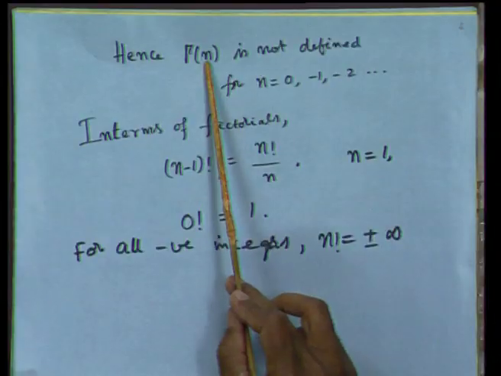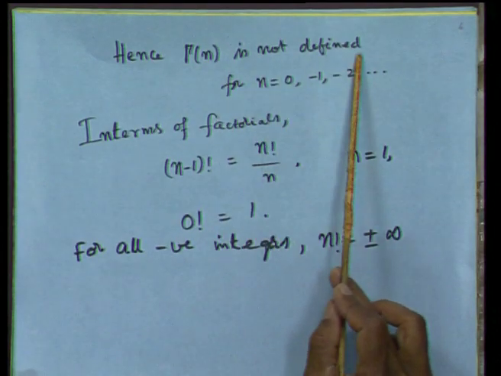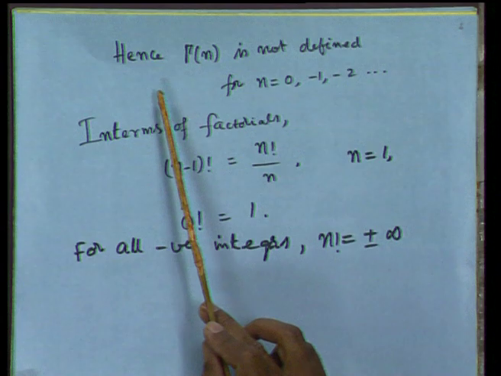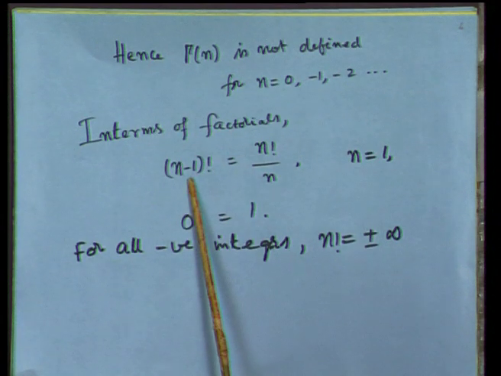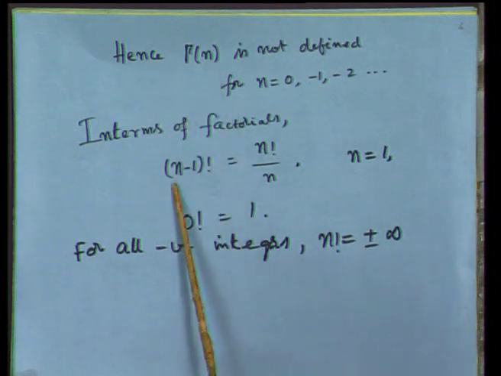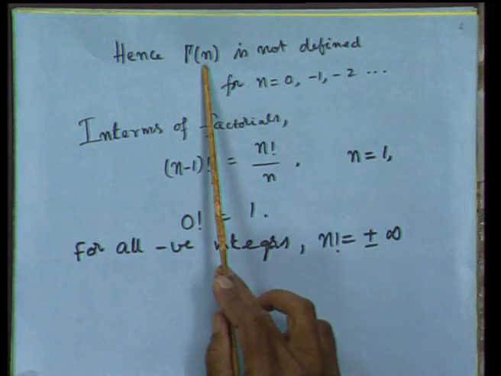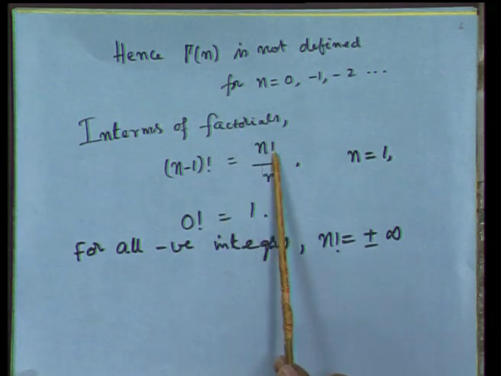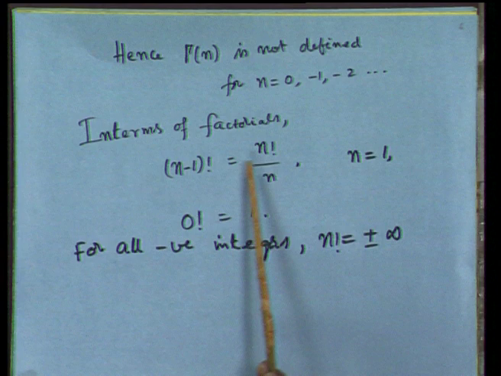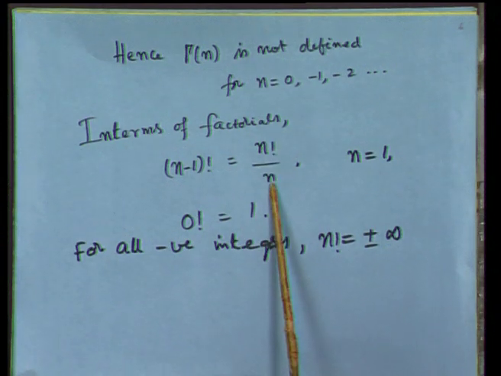So, in terms of factorials, once you assume that n is a natural number, you can define gamma n in terms of factorials. Gamma n is defined as n minus 1 factorial, or gamma of n plus 1 is n factorial, so n minus 1 factorial is defined as n factorial divided by n.